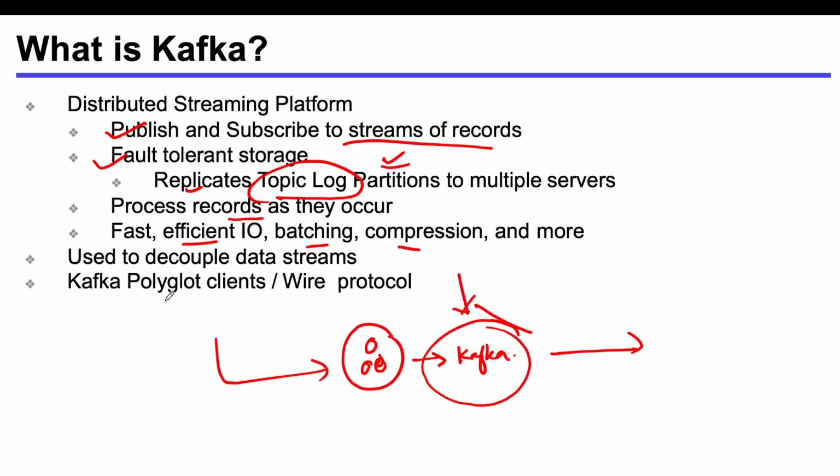It provides an enormous number of clients which use the wire protocol for inserting or consuming messages from your broker. It has first-class support for Java, Python, and Scala, and there are around 16 to 17 languages you can use to connect to Kafka for producing or consuming messages.